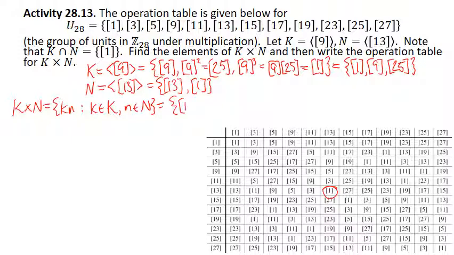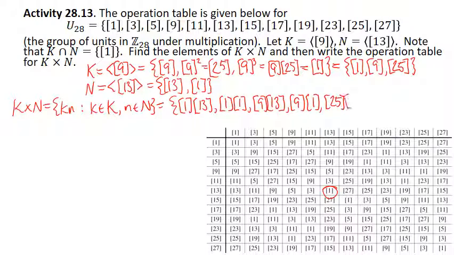I take the 1 from K times everything that's in N, then the 9 from K times everything that's in N, and then the 25 from K times everything that's in N, and then I just have to figure out what these all actually equal. They might not actually be different from each other, I don't know.